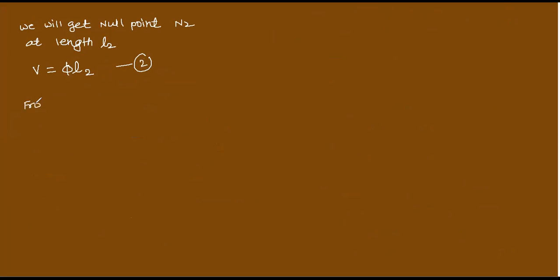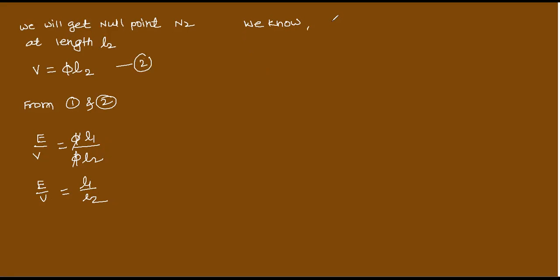Now from equation 1 and 2, what are you getting? E by V is equal to phi L1 divided by phi L2. This phi will get cancelled, and you are getting E by V is equal to L1 by L2. Okay, up to this we understand. But we know, in a cell we have learned, no? Total current through the cell is cell EMF divided by internal resistance plus external resistance.